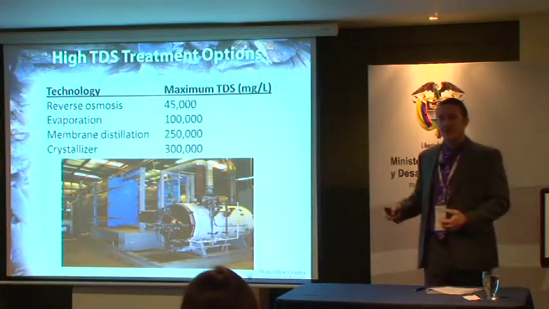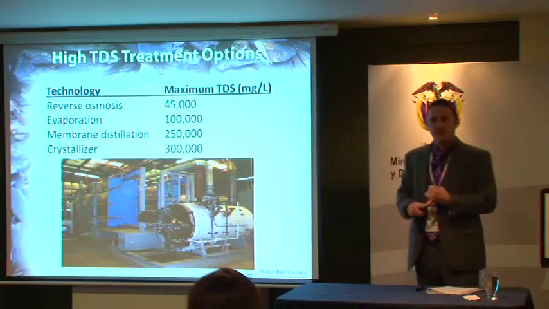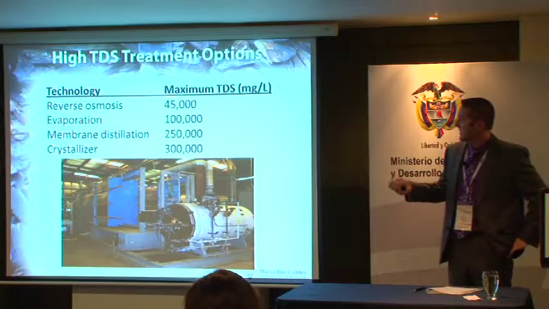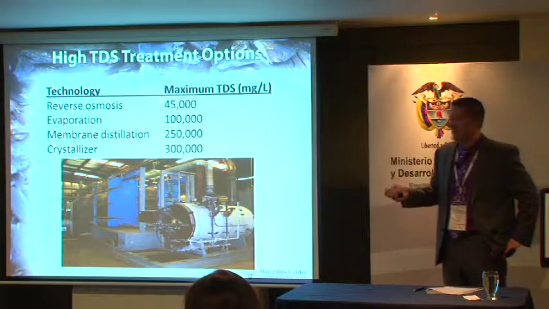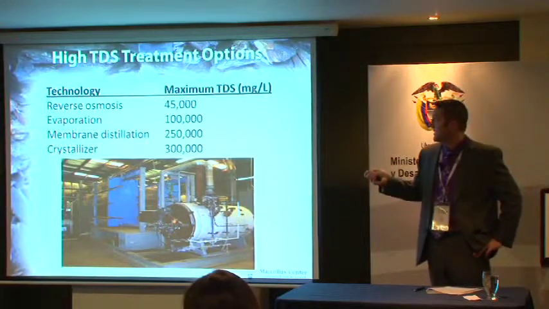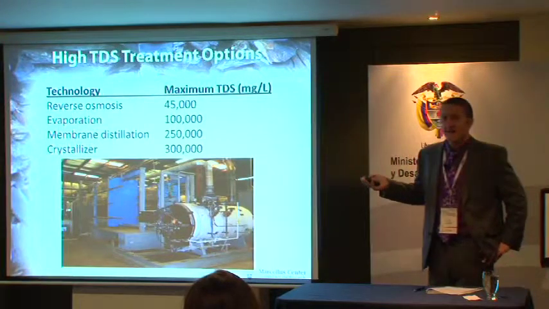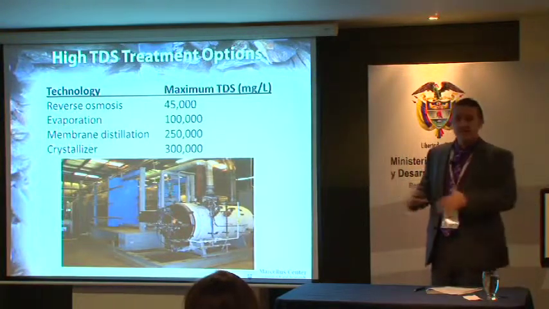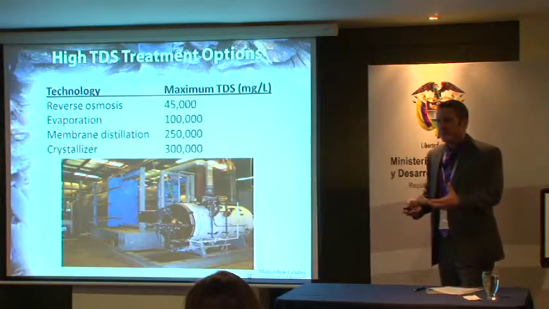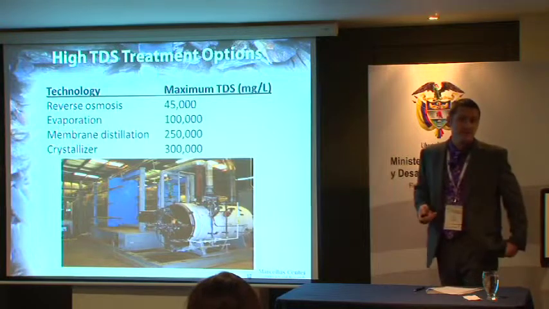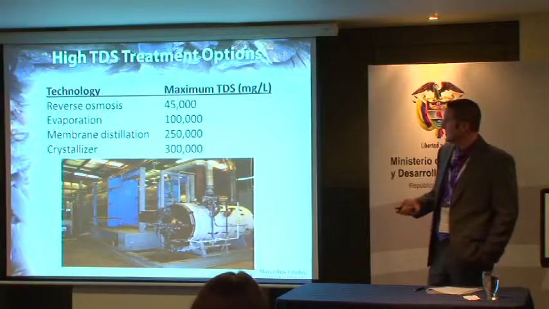There are some desalination technologies. You've probably heard of reverse osmosis. But reverse osmosis is fairly limited. If the average concentration of the total dissolved solids is maybe 70,000 in some basins, it's not really going to work. In some basins where the total dissolved solids is less than, say, 45,000, reverse osmosis might be a viable technology.